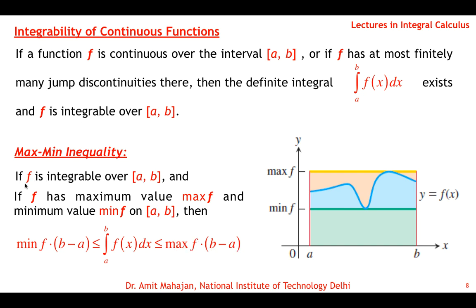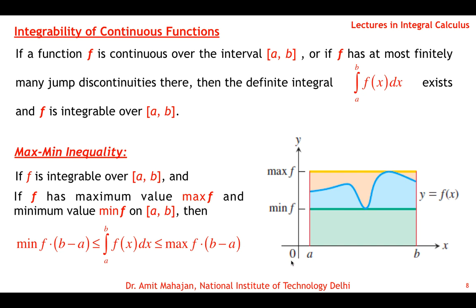So clearly you can see that if the function is integrable on ab and has a maximum value max f and a minimum value min f on this interval, then the integral of the function is always greater than or equal to min f times the length of the interval, which is b minus a, and is always less than or equal to the maximum value of the function times the length of the interval, b minus a.